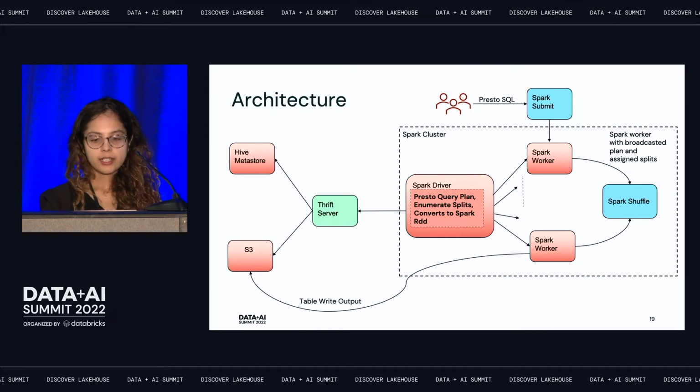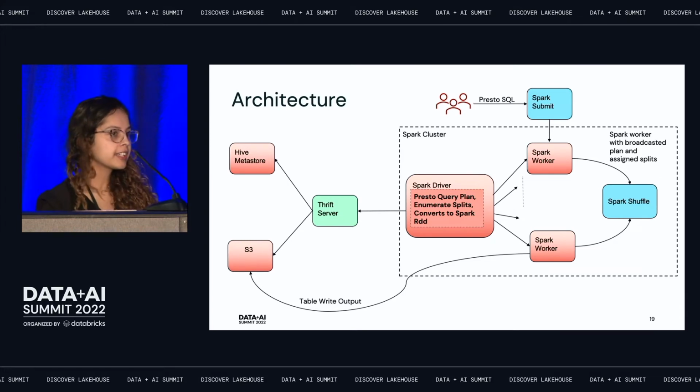So within the Spark worker, it's again the Presto evaluation library which is being executed. So say if it's a scan task, your input is going to be splits, and your output is going to be the shuffle rows, or the serialized rows. As I mentioned before, you are actually sending the Presto logical plan to the Spark workers.